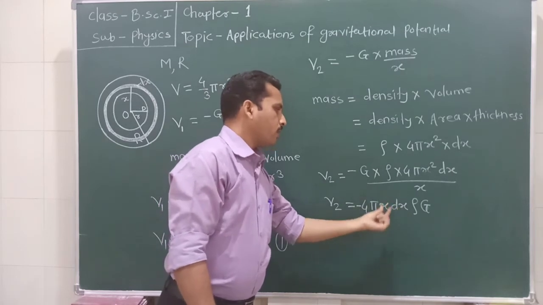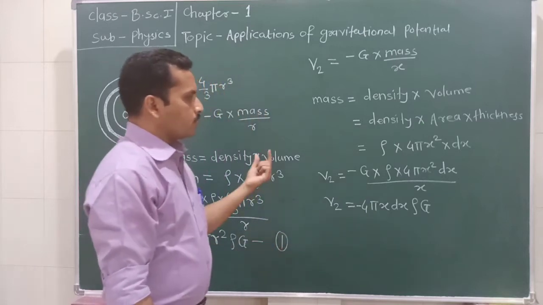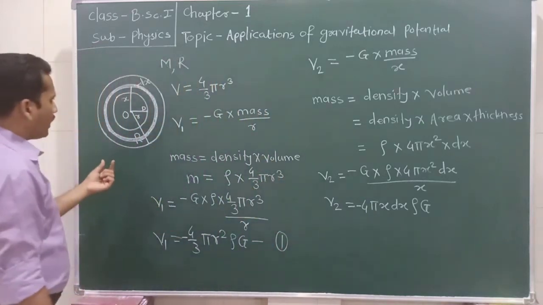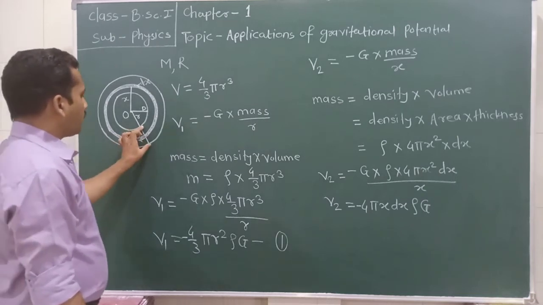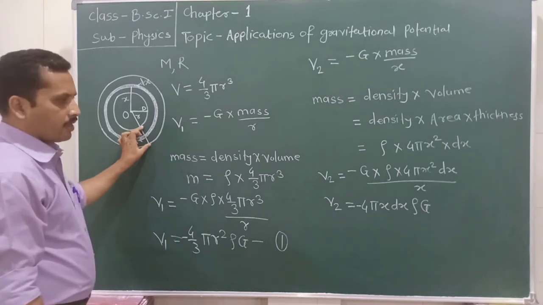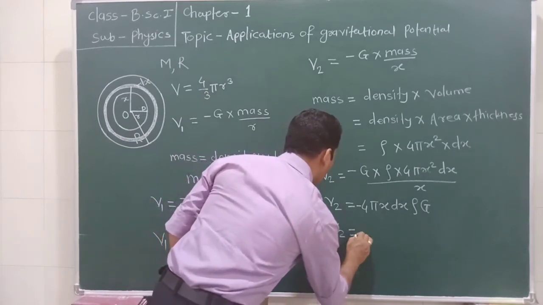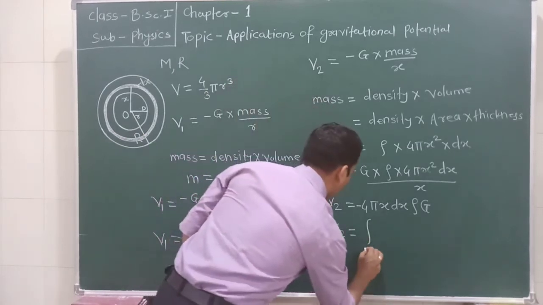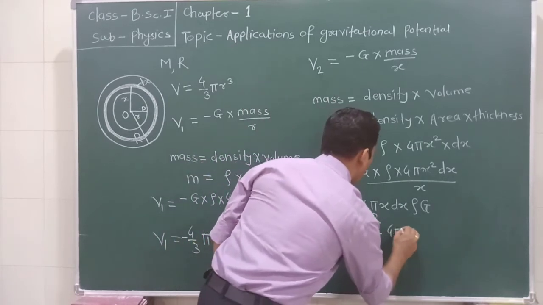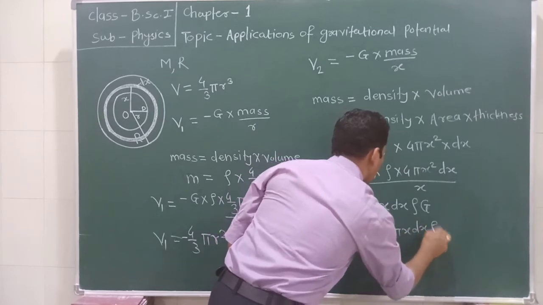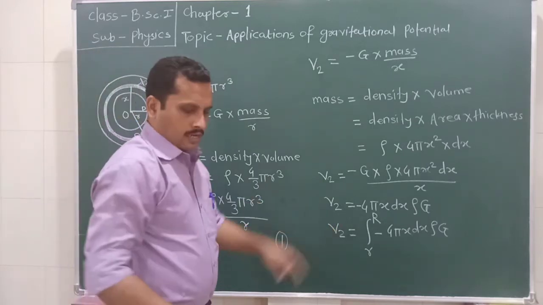Then we consider the remaining part of the solid sphere, which varies from inner limit small r to the radius of the sphere capital R. Therefore we can write V2 is equal to integration from r to capital R of minus 4 pi x dx rho multiplied by G. Now we are going to solve this integration.